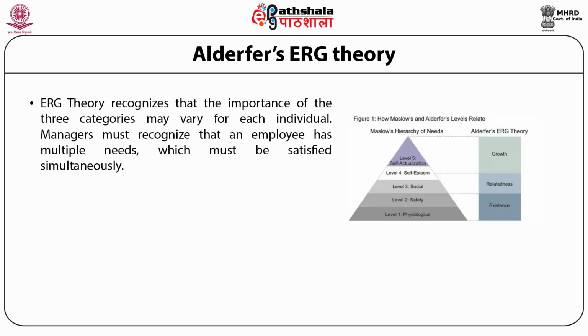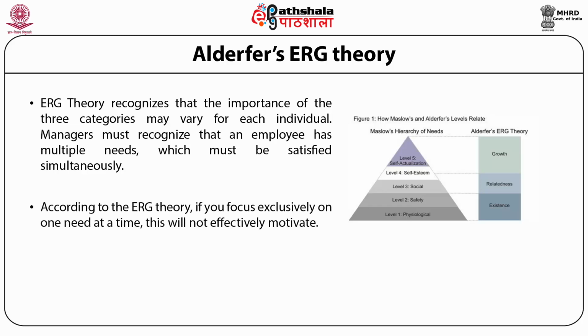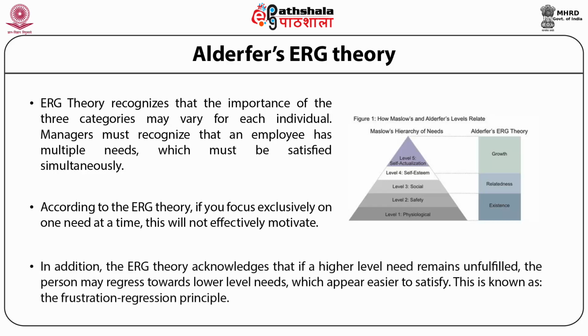Employees have multiple needs which must be satisfied simultaneously. In order to effectively motivate, managers should focus on all the needs rather than just one. ERG theory says that if a higher level need remains unfulfilled, a person may regress towards lower level needs, which appear easier to satisfy. This is called the frustration regression principle.